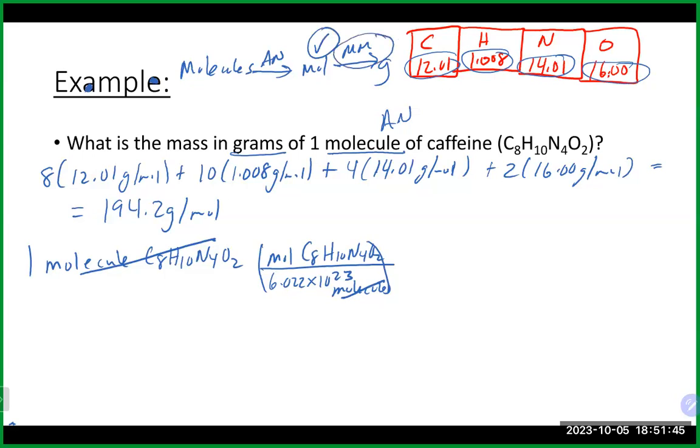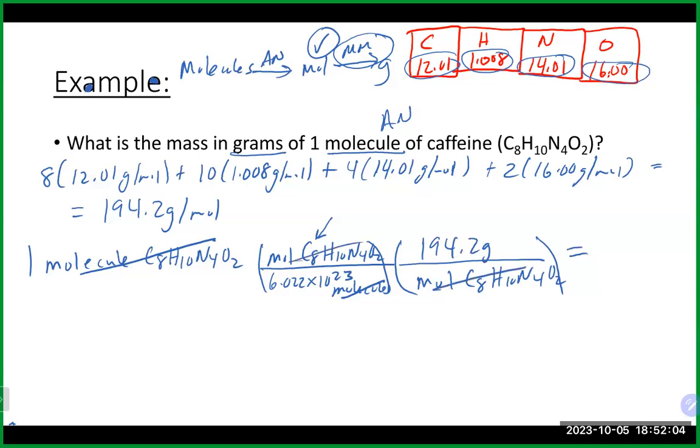So we just calculated that to go the rest of the way. And dimensional analysis wise, we see moles on top, which means on the bottom should go moles of our caffeine. And up on top should go 194.2 grams. The moles will cancel. That will give us grams.